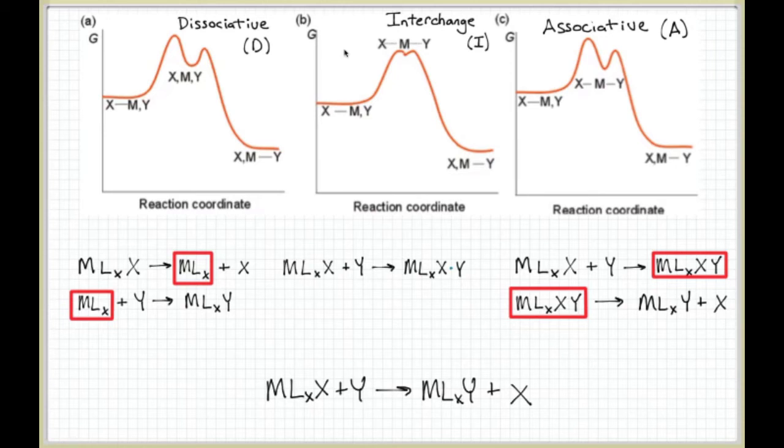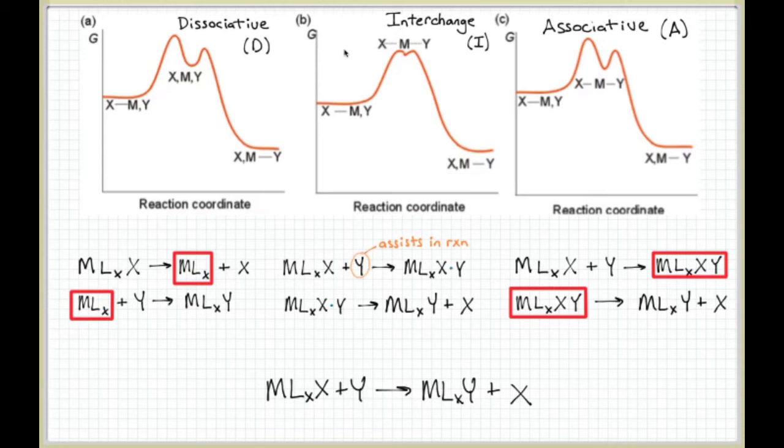The dot between MLnX and Y represents a sort of loosely associated incoming ligand, and the degree to which that is associated with the complex actually results in different types of reaction mechanisms, or we characterize the reaction mechanism slightly differently.